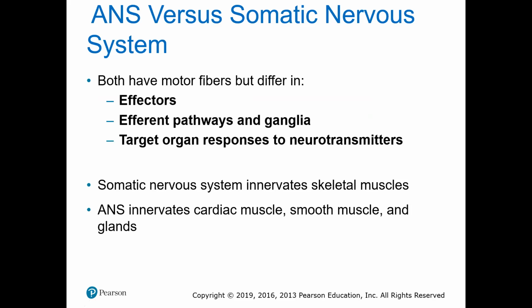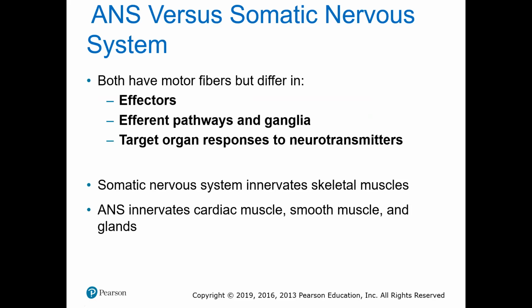Now, while there are similarities, there are some significant differences between somatic, skeletal muscle, and autonomic. We have effectors going out to the various structures, to the muscle cells. We have pathways, we have cell bodies, and we have neurotransmitters.